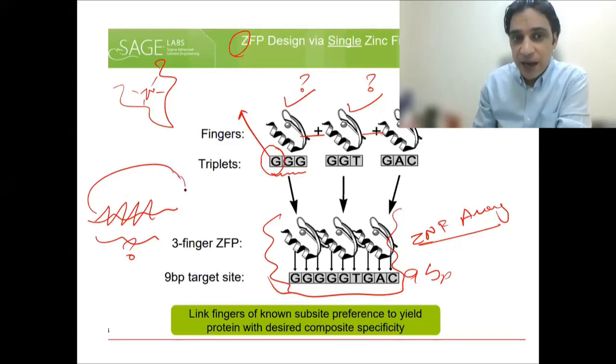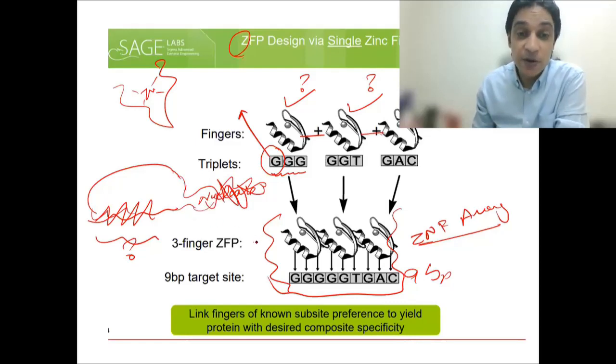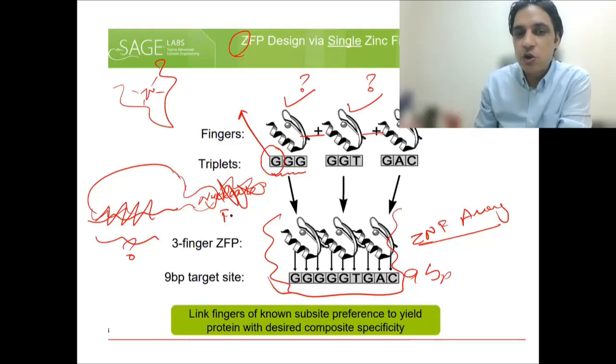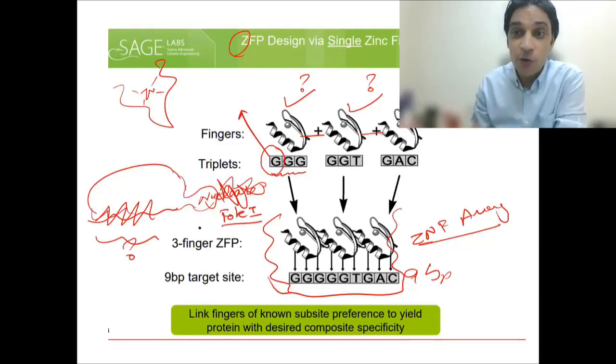After that, we have incorporated a nuclease. Nuclease is the one which can act as a scissor with this zinc finger array. Usually the nuclease which is used for this purpose is called FokI.